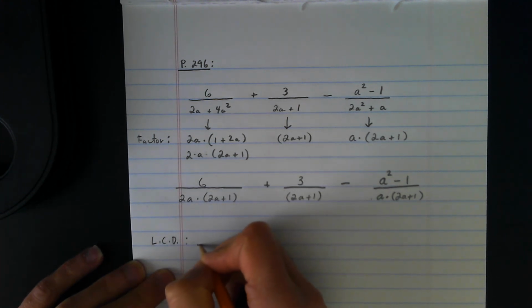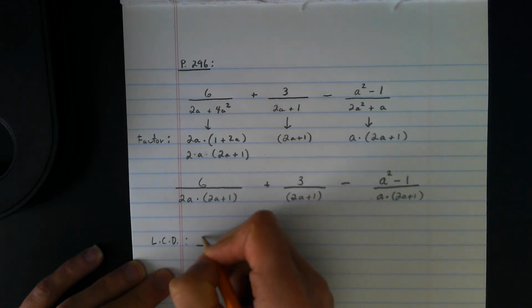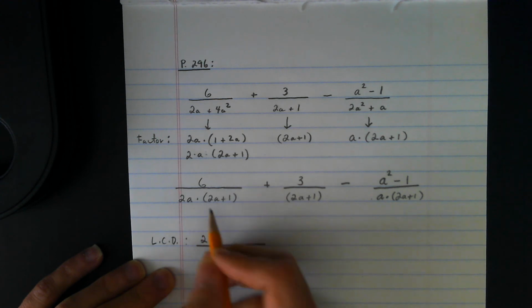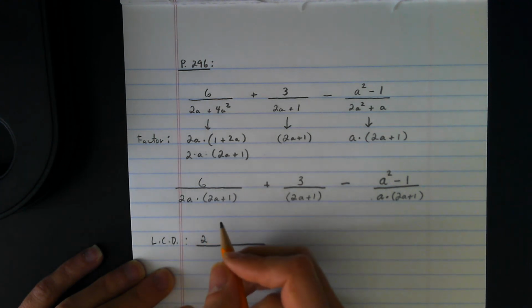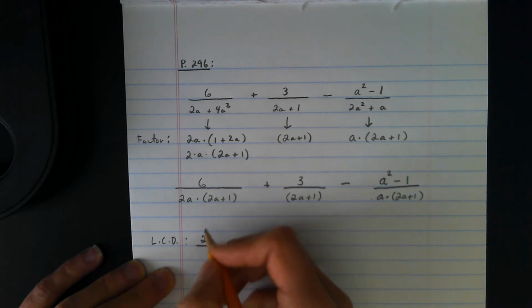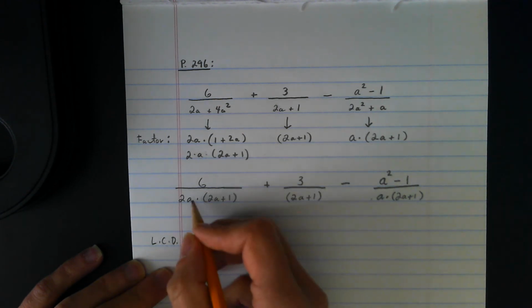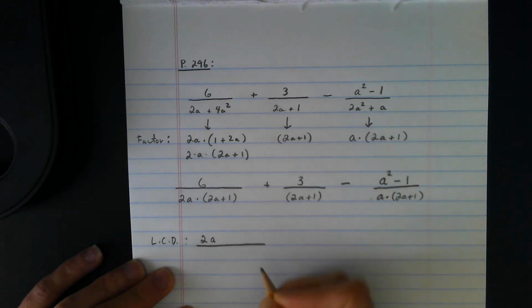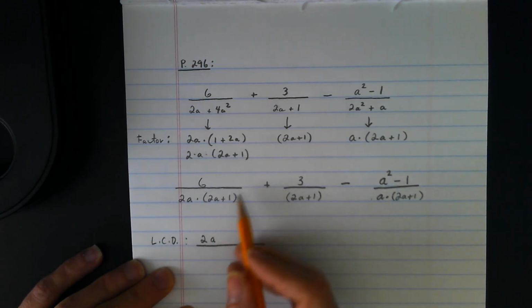We get 2, because I've got a factor of 2 here, none there, and we need to take the highest exponent appearing on any given factor. Then I've got an a to the power of 1, so the highest power of a is a to the power of 1, and then I've got a 2a plus 1 to the power of 1.